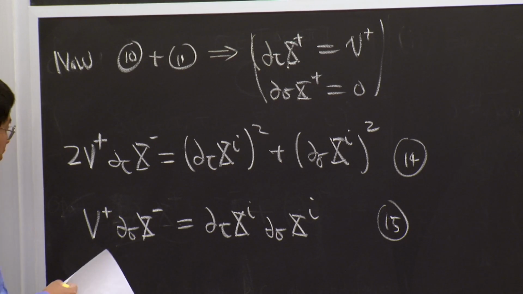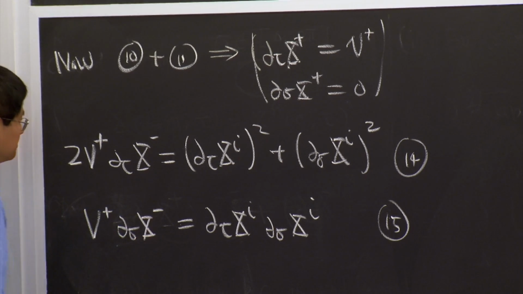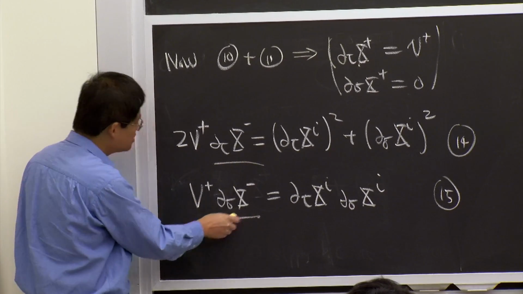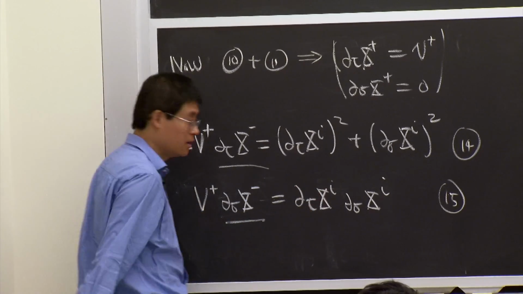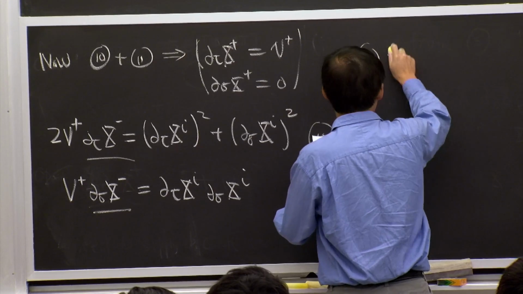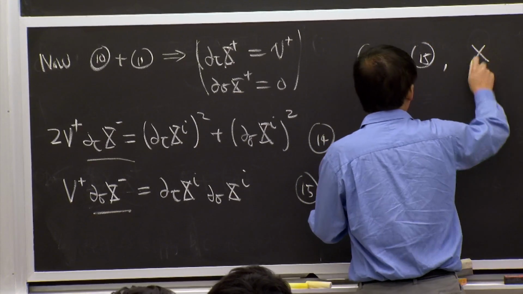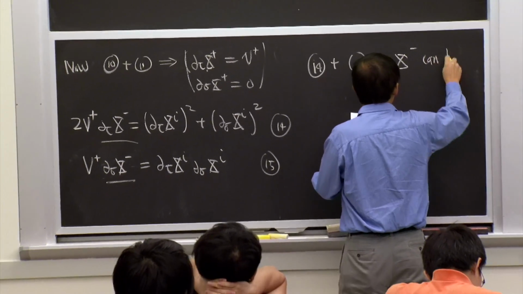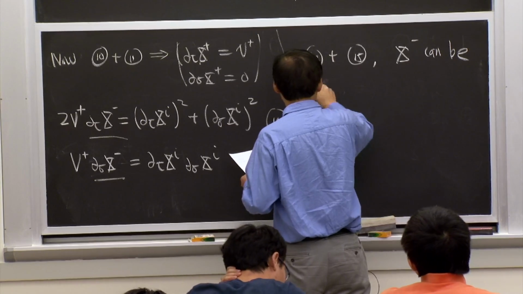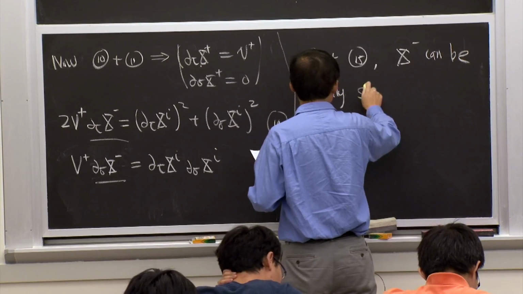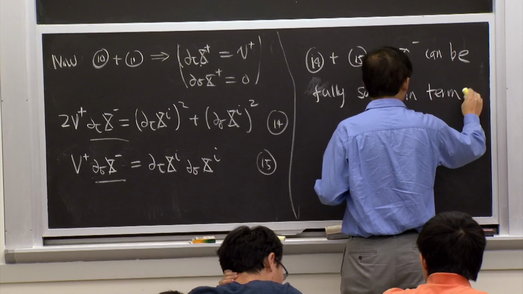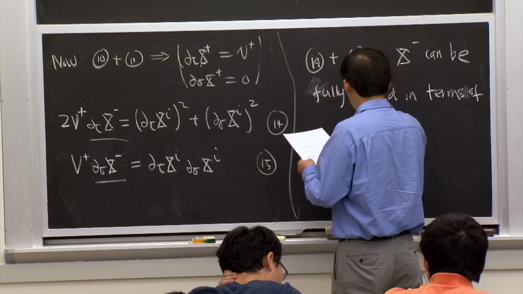Okay? So now the beauty of these two equations is that they express the x minus solely in terms of xi. So 14 and 15 tell you that x minus can be fully solved in terms of xi's.